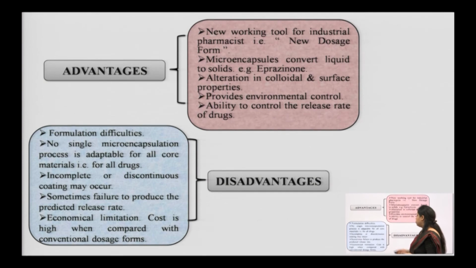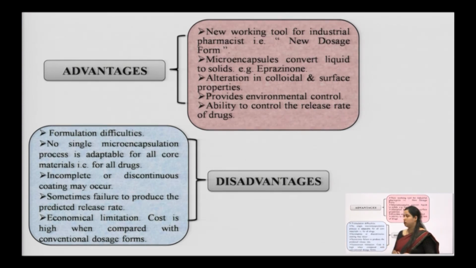Sometimes there is failure to produce the predicted release rate. We say that we can have a prolonged or modified release rate of the drug candidate, but in some cases we cannot expect the adequate release. So, for that rectification we need to consider the various parameters which we used in the manufacturing process, so that by overcoming these factors affecting the process, we can have the proper or modified release.